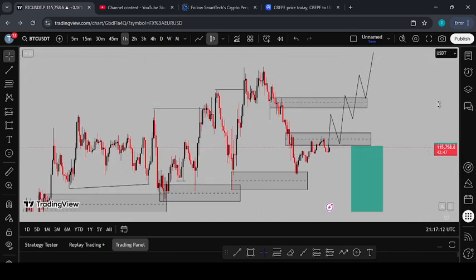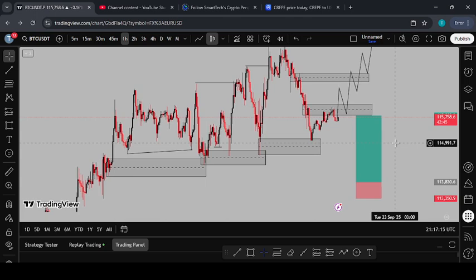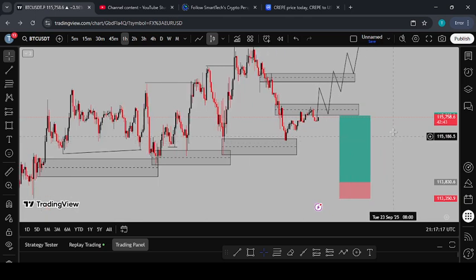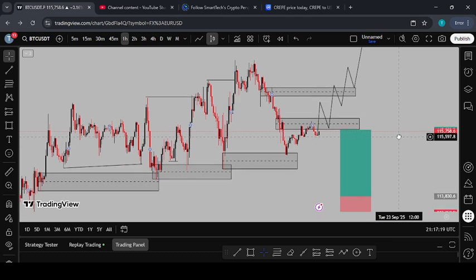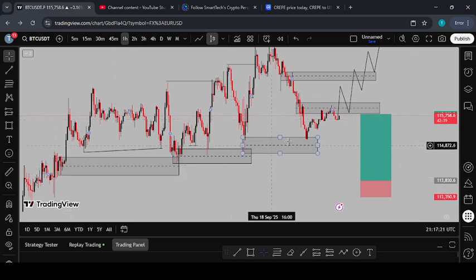So this is how you carry out a walkthrough. It works on all pairs. If the structure is shifting, you would know easily, because you have marked out the current or the previous zones market was respecting. So if there's a take out of those zones, you know that, oh, this guy is gonna go to the other direction. So that's how you do it.